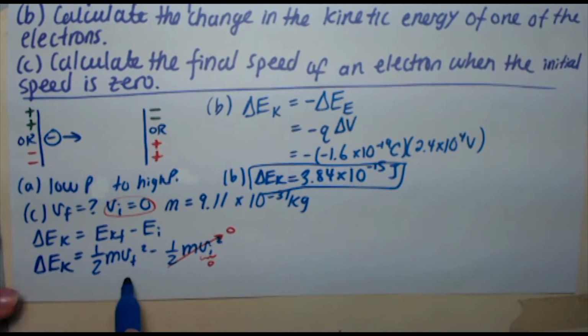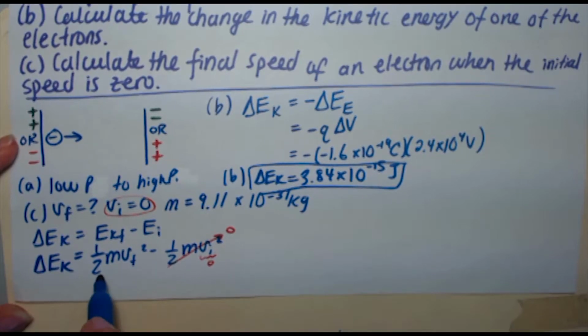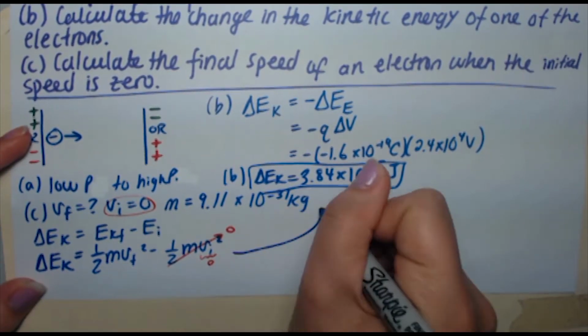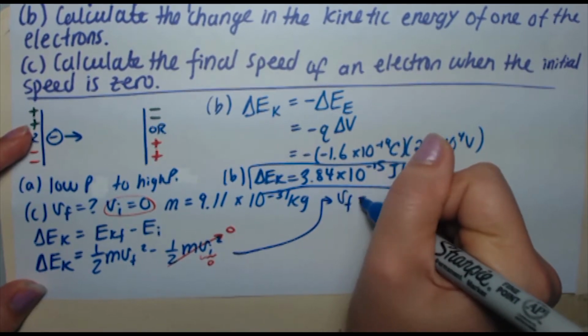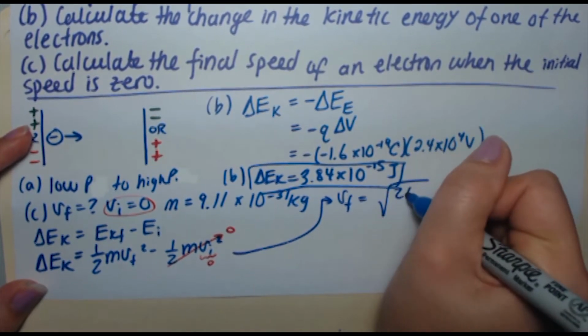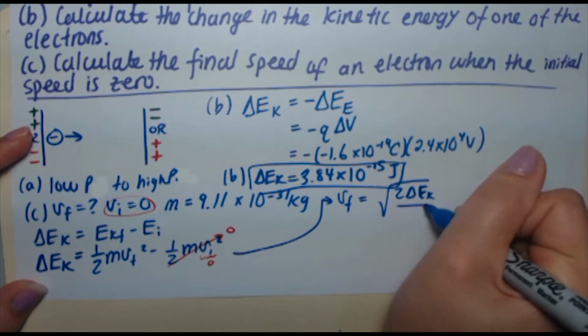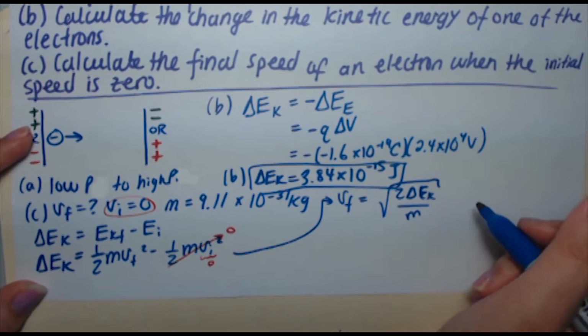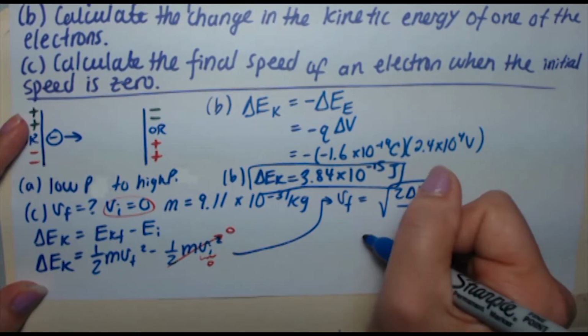I need to isolate for Vf. So I'm going to multiply both sides by 2, divide both sides by mass, and take the square root of the entire expression. So Vf is going to be equal to the square root of 2 delta Ek divided by mass. So at this point, I just need to plug in my values.